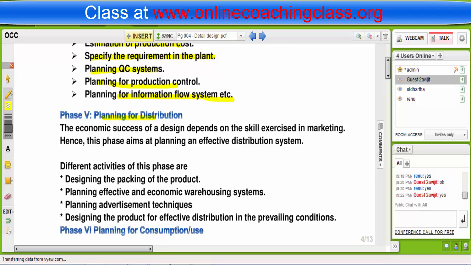If the company has a good distribution skill, then this company rises very rapidly, because production and invention is not the last word. The last word is how it sells in the market. Okay, so this planning for distribution stage, those all are done. Clear?